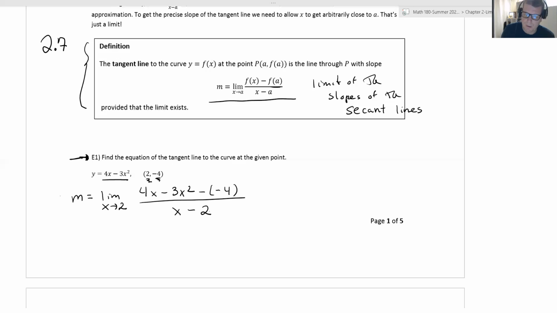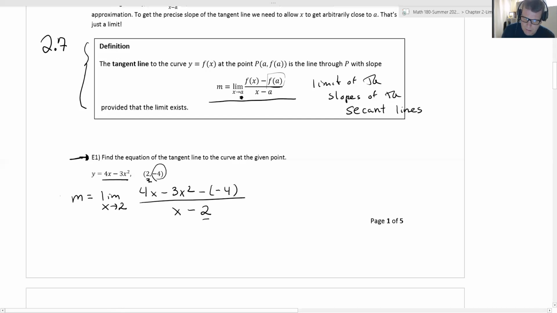Okay. And so the real trick here is just to figure out what these things mean, or what the notation means. And you just got to do it step by step. Just like in the limits, a is an x value, so it's going to go in the denominator. There's your 2. f of a is a y value, and it's the one that goes with a. So it's going to be negative 4. And that's just functional notation.